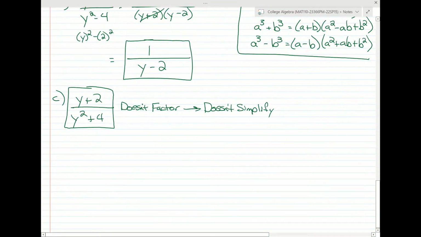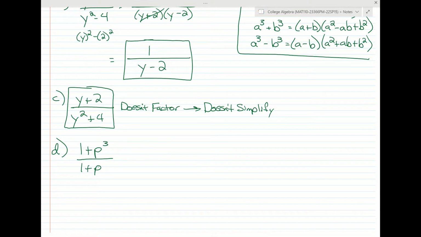Let's try another special case. What if we had 1 plus p to the third divided by 1 plus p? Take one out of what?